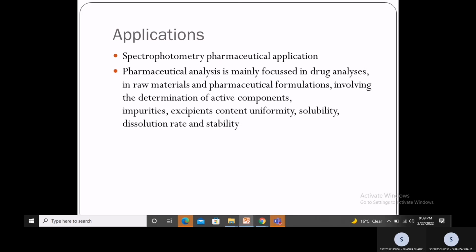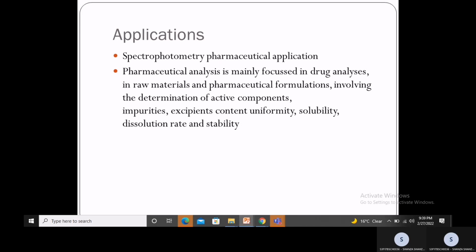Pharmaceutical analysis is mainly focused on drug analysis in raw materials and pharmaceutical formulations, involving the determination of active components, impurities, excipients, content uniformity, solubility, dissolution rate, and stability. So with spectrophotometry, we can measure the medicine's impurity, content, and solubility, etc.